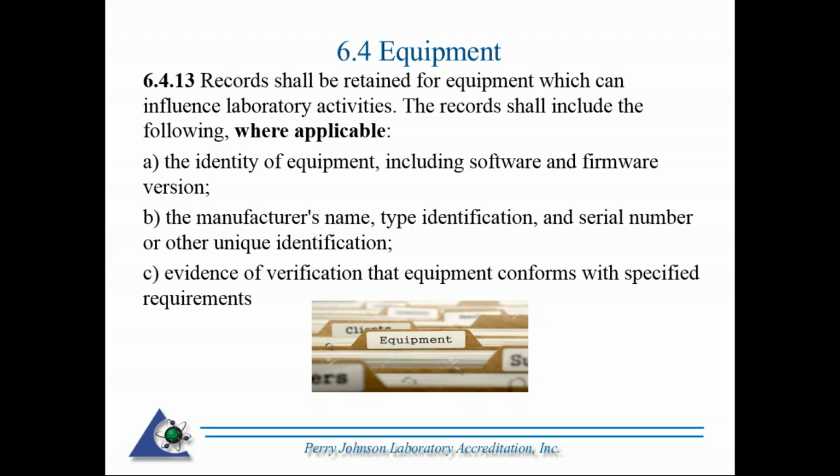Also included is evidence of verification that the equipment conforms with specified requirements, or if you have intermediate checks in place, which is also specified a little later. The calibration would also provide evidence of this.